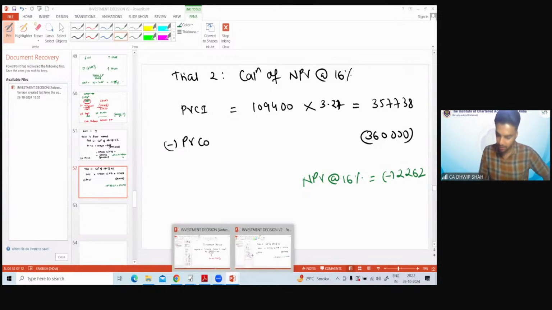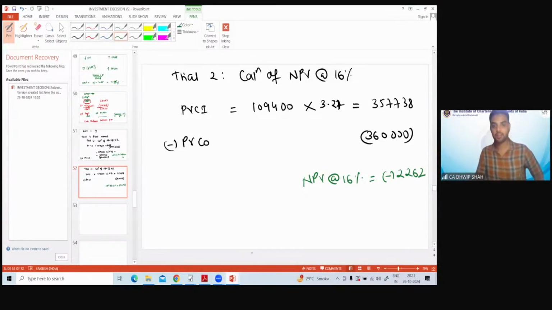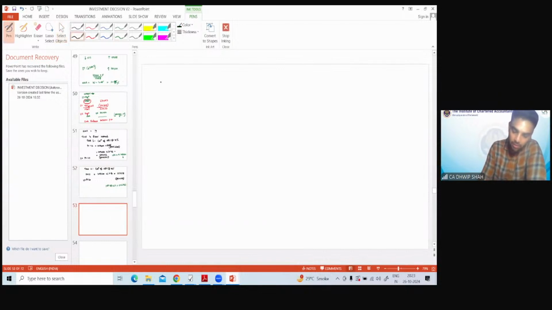Clear all? Okay. Thank you. So now since we remember the formula, we will calculate IRR using the formula itself. And if you don't remember the formula, then always use logic. But I remember the formula, so I will use the formula.